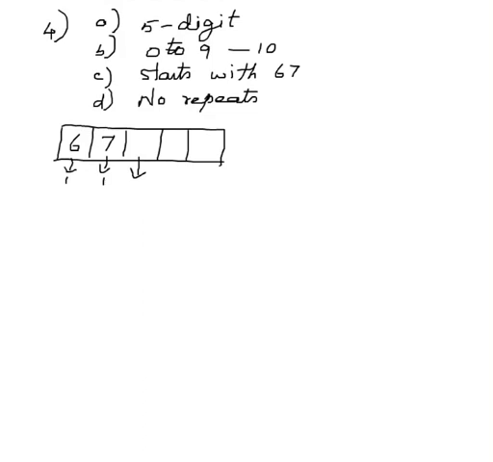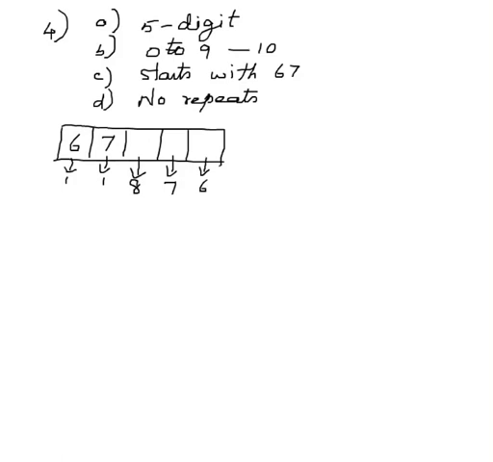I can use 0 to 9 with no repeats, but I cannot use 6 and 7 in this third position. Out of 10 digits available, already we have used 6 and 7, so we are left with 8 digits only. So I have 8 choices. Now to fill up the fourth position, I have only 7 ways because repetition is not allowed. And to fill up the last position, I have only 6 ways.